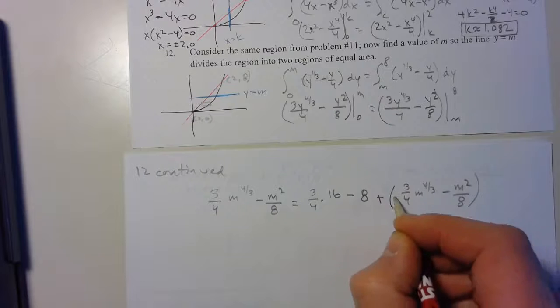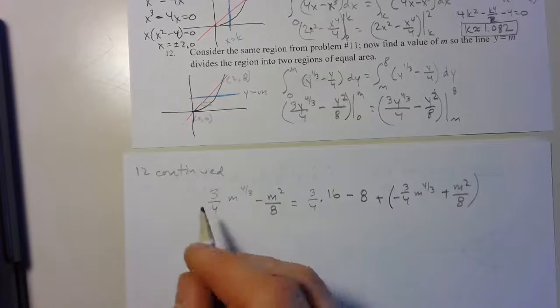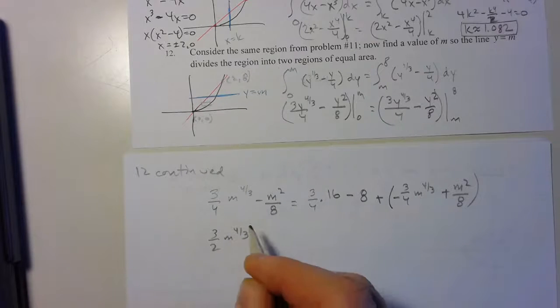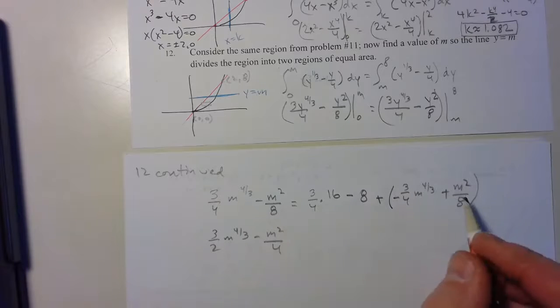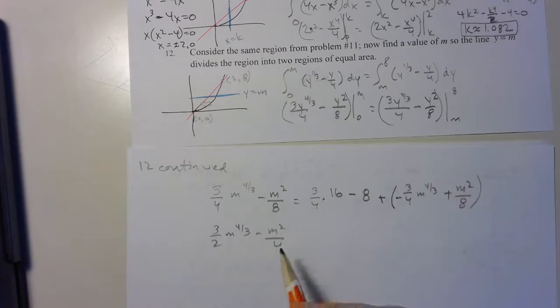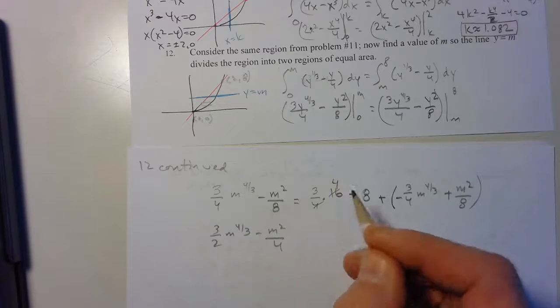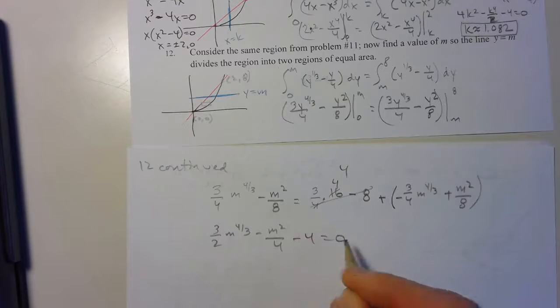Distribute that negative in and move everything over. It becomes 3/2 m to the 4/3 minus m squared over 4, since negative 1/8 minus 1/8 is negative 1/4. And then 12 minus 8 is 4, so this whole thing is minus 4 equals 0.